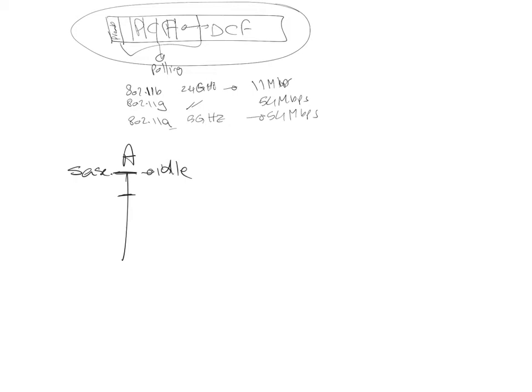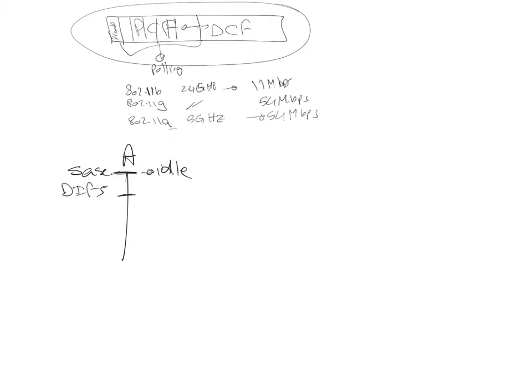We wait for DIFS, and this is meant to avoid collision. So what are the different mechanisms to reduce collision? Well, sensing is one. When we sense, we try to avoid collision, but it does not eliminate it. So what else? DIFS. When we wait for DIFS, depending on when the nodes start the DIFS, one of them will gain priority and will gain access to the channel before the other.